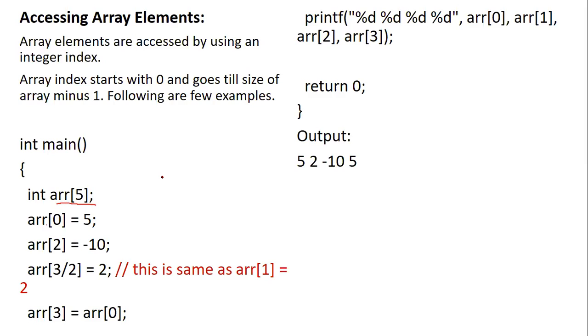The total number of elements that can be inserted in this array is 5. One by one, we are inserting the elements. As you can see here, we are inserting the first element as ARR of 0. That is, the element at location 0 will be 5. So the first element at location 0 is 5.